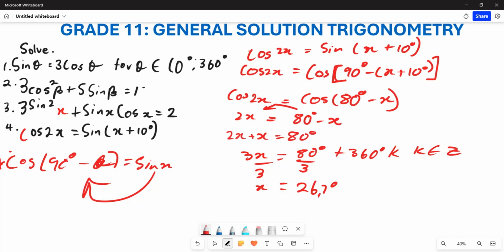And now, because you are having cos, can you see that cos is positive in which quadrant? It is positive in your first quadrant and your fourth quadrant, isn't it so? So which means you can still represent this in terms of the other angle.